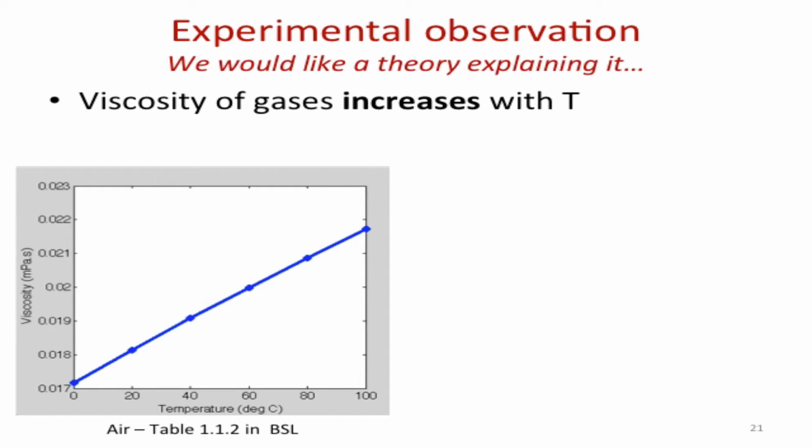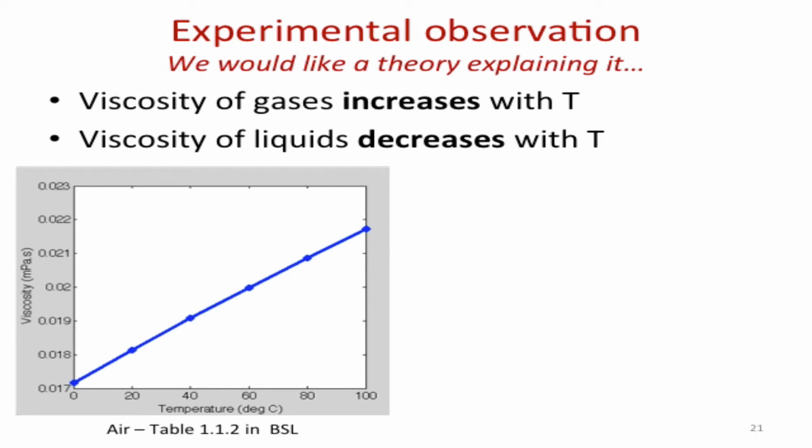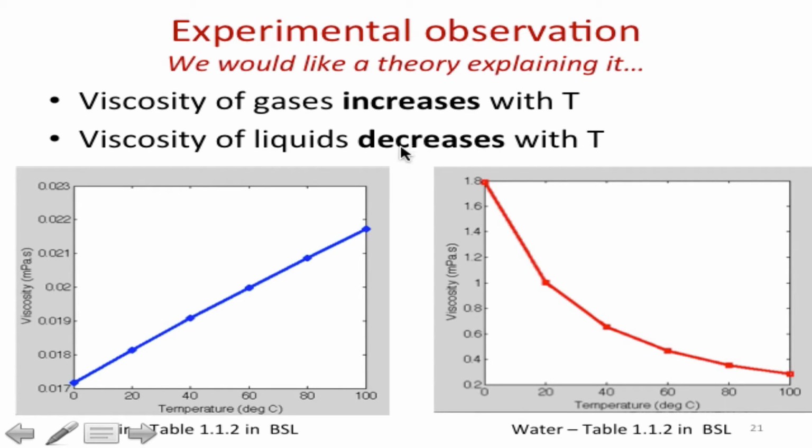I simply plotted the experimental results from BSL in table 1.1-2. You can see the temperature in degrees Celsius and the viscosity in millipascal seconds. For gases, I actually have an increase with temperature, and for liquids, we can see a decrease, and in the range that they were looked at, it's not linear, so something more complex is at play.